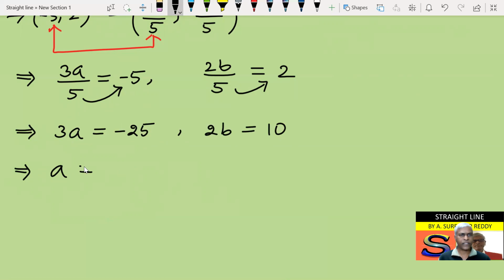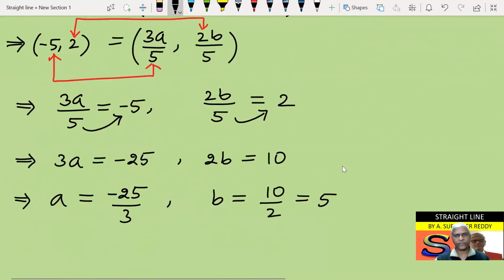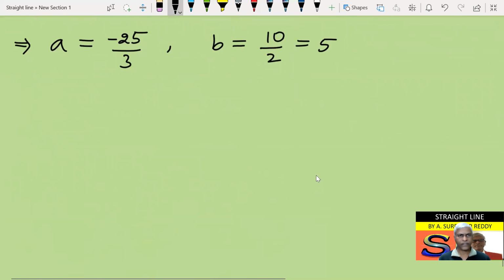So a is equal to -25 by 3, and b is equal to 10 by 2, that is 5.